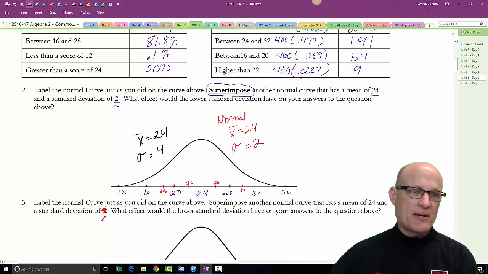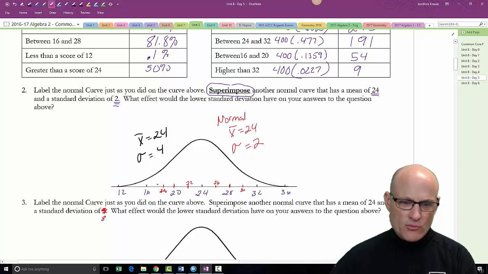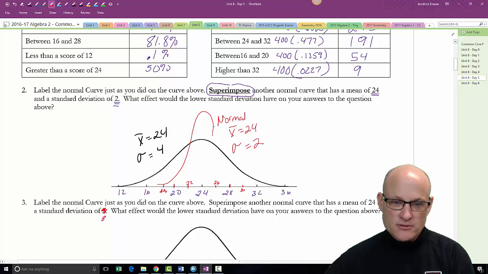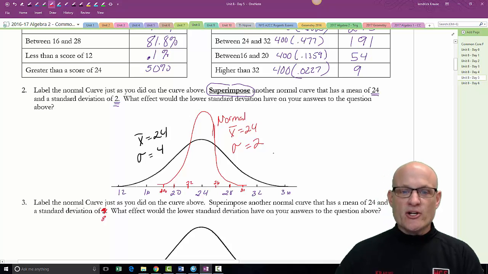So let me try this. I'm going to make it look a little bit better. I think I've got a better idea how this one's going to look. So I think it should look more like this. So what do you notice?